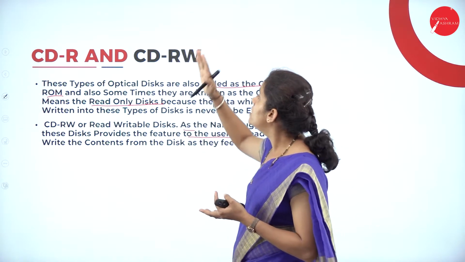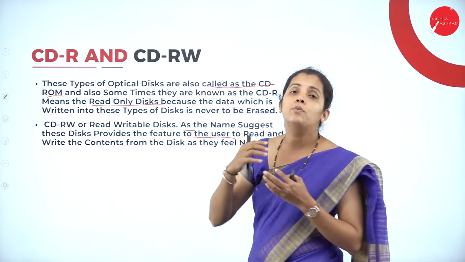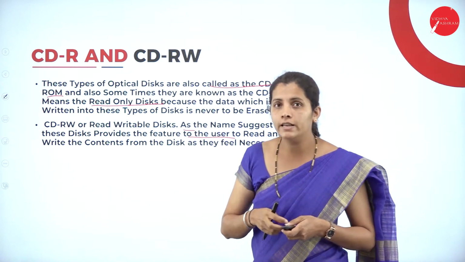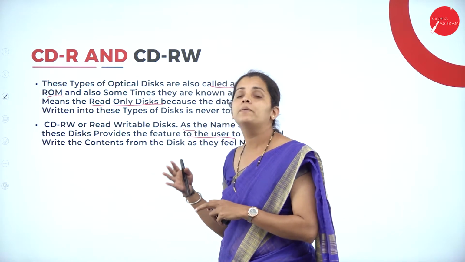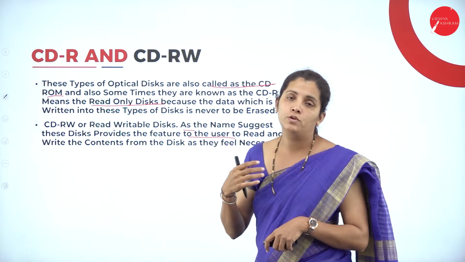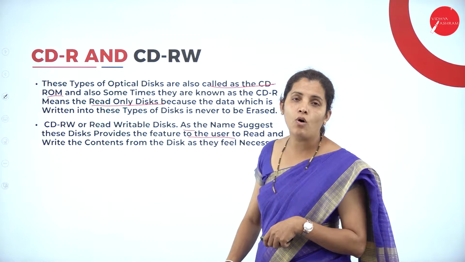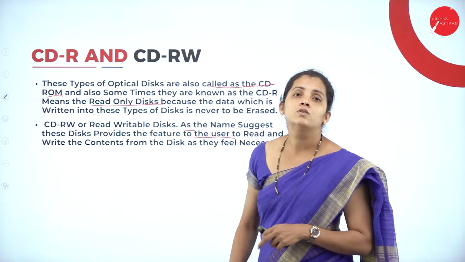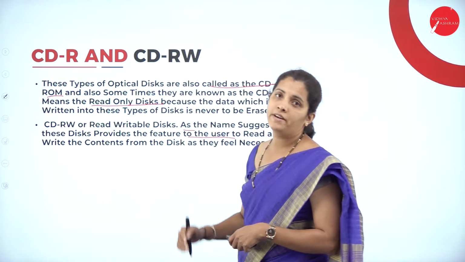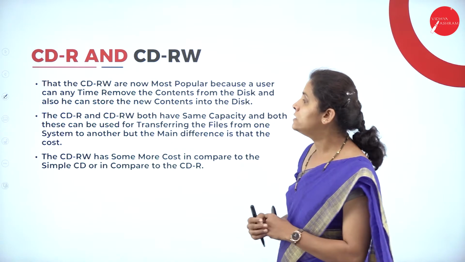But in read write, it is possible to read the data, and at the same time, it is also possible to write the data. So these are the two flavors of compact disk.